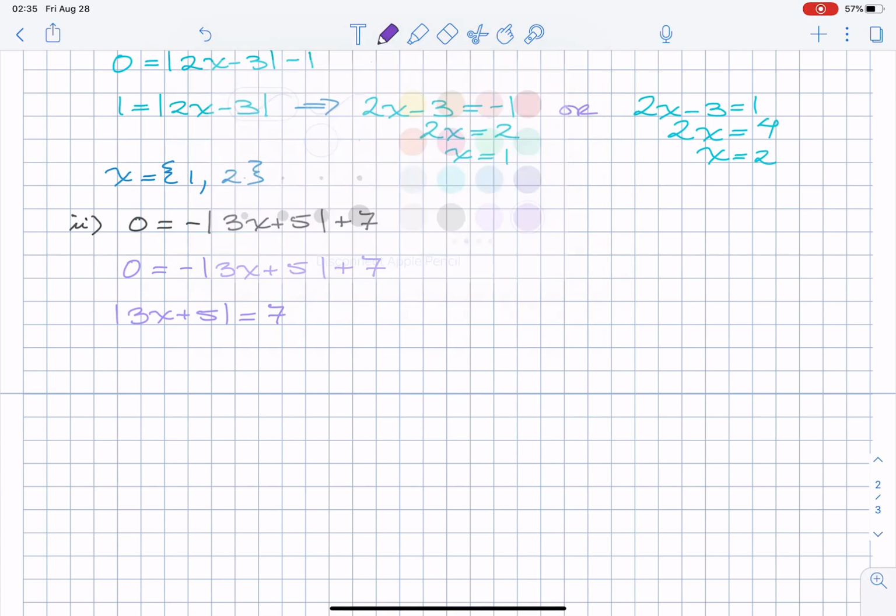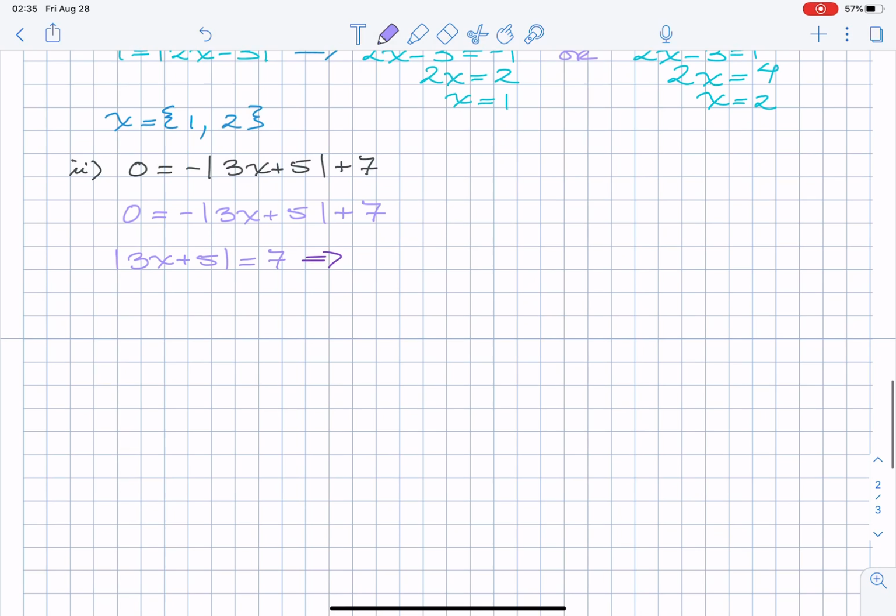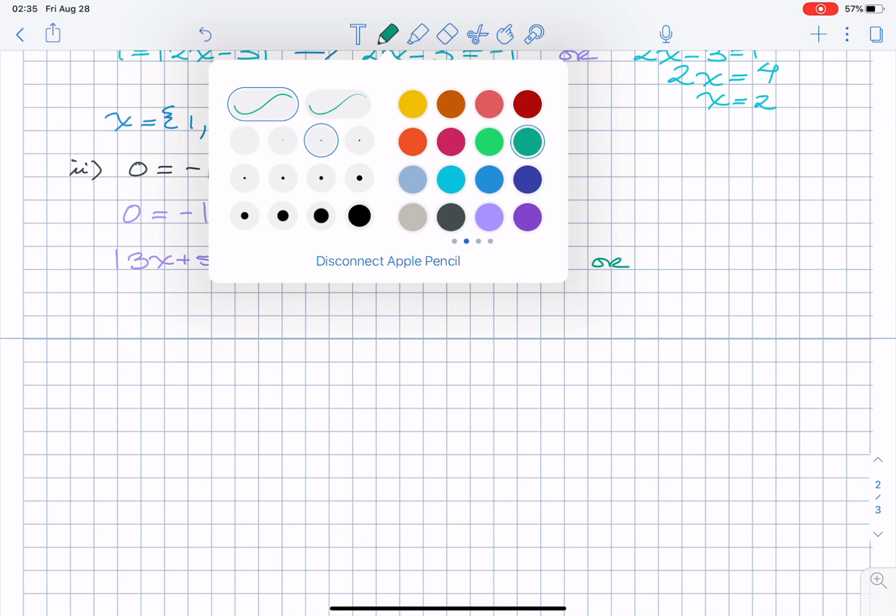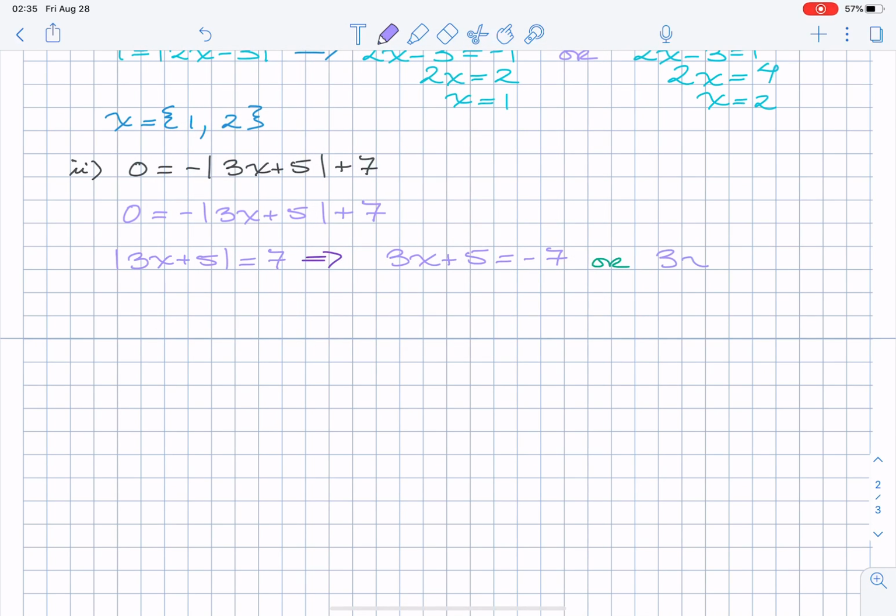So what this means is that what's inside, that 3x plus 5, is either negative 7 or positive 7, because I know that the absolute value of negative 7 is the same as the absolute value of positive 7.